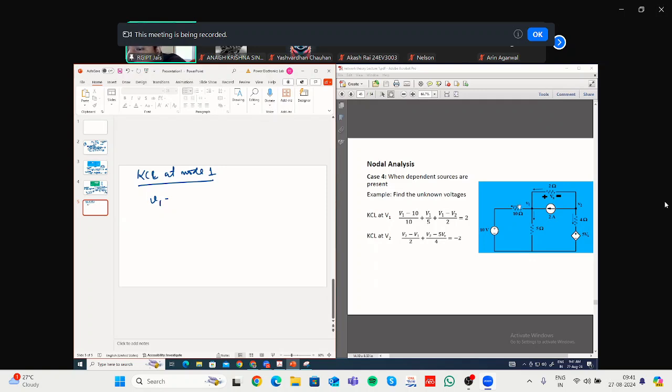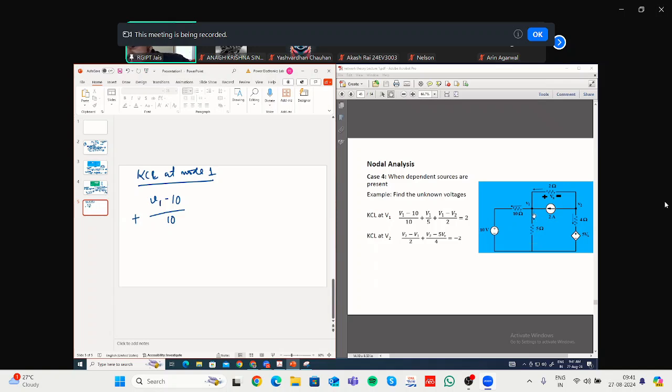So one side of the resistance is V1, the other side is at 10 volt. Since V1 is the greatest among all other voltages, V1 will be greater than 10 volt. So V1 minus 10 divided by the 10 ohm resistance, and since V1 is greater than 10 volt, the current will be moving out, so plus sign.